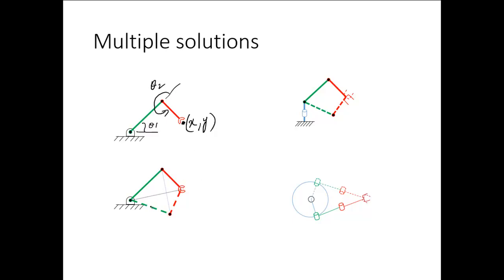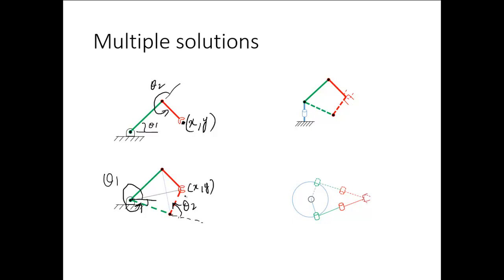But if you see this diagram in dotted lines, you can see that this angle, if you take it positive like this, theta 1 and this one theta 2, this theta 1 theta 2 combination will also lead you to the x and y position. So this is the problem in inverse kinematics, you have multiple solutions.